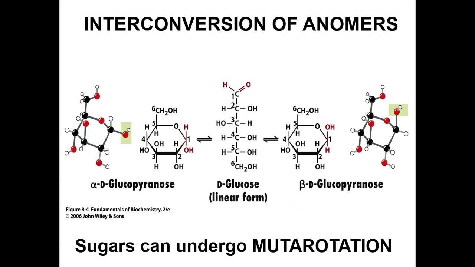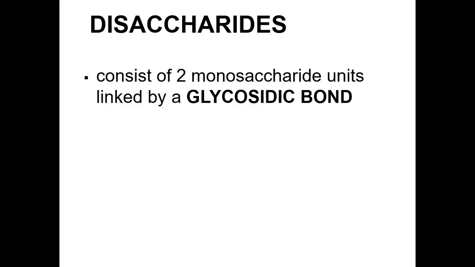So, it can also start from beta naman, then it will open the chain. Ito, yung ating cyclic structure will open for a while and then it will again close into an alpha D anomer. Okay? So that process is called mutarotation.